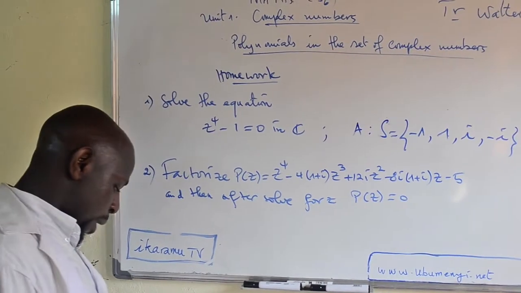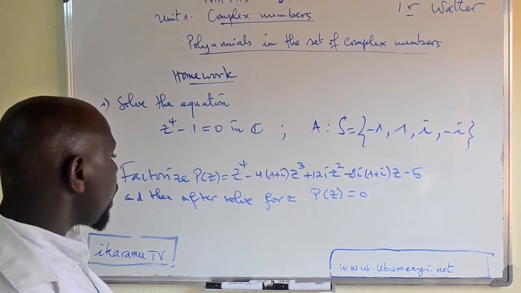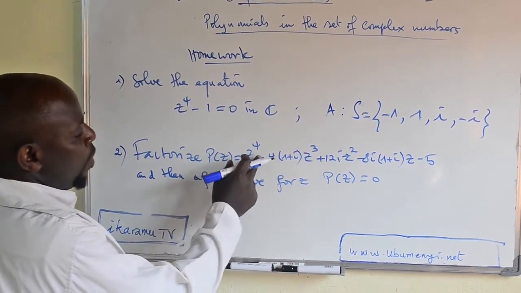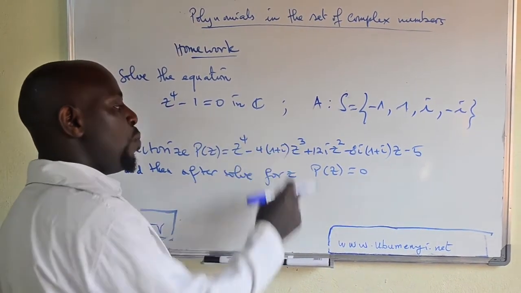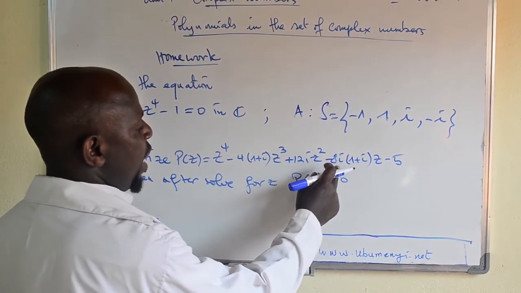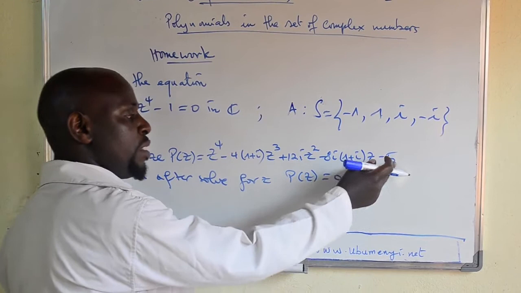And now, ladies and gentlemen, for the second one, I have given you to factorize z^4 - 4(1 + i)z^3 + 12i z^2 - 8i(1 + i)z - 5.